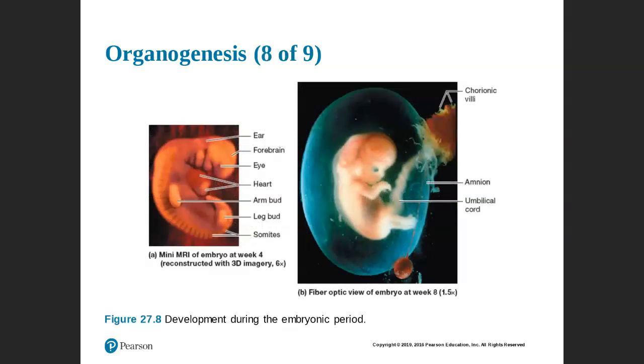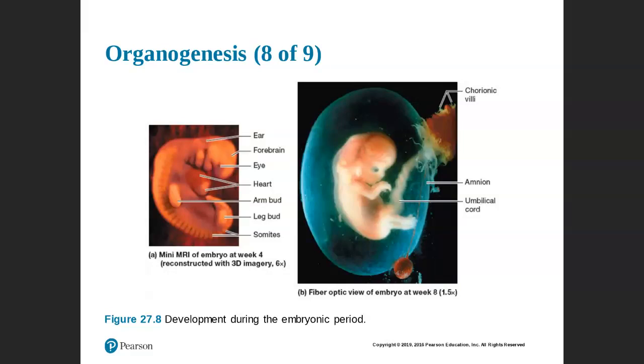So this is on the left an MRI of an embryo at week 4 from 3D imagery. And then on the right you have the embryo at the end of the 8th week. You can see the amniotic cavity with the amniotic fluid inside.